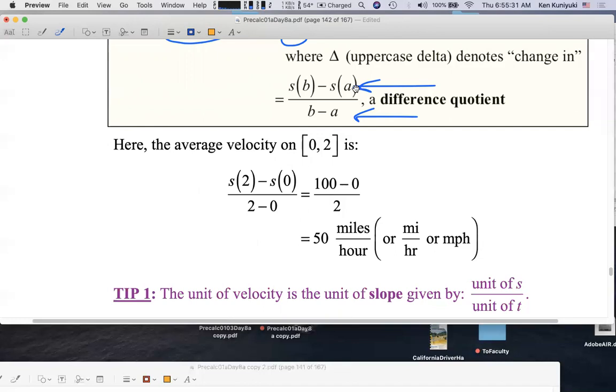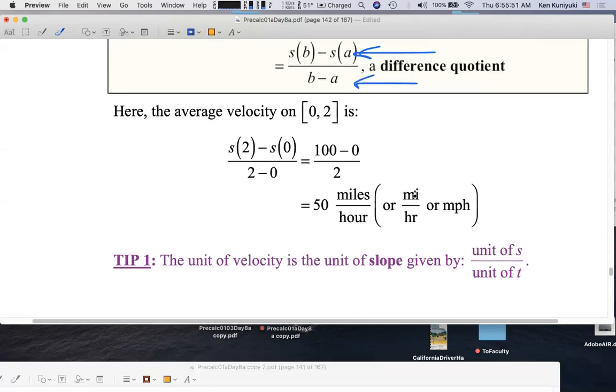Here, it's the s unit over the t unit, the unit of position over the unit of time. Unit of position is miles. Unit of time is hours. So it's 50 miles per hour, or 50 mph. Remember, the unit is given by the top variable's unit over the bottom variable's unit. All right, 50 miles per hour. It makes sense. In order to travel 100 miles due north in exactly 2 hours, your average velocity must be 50 miles per hour.